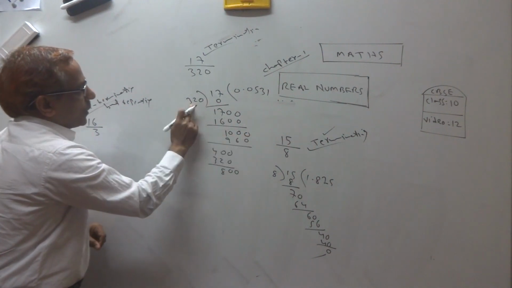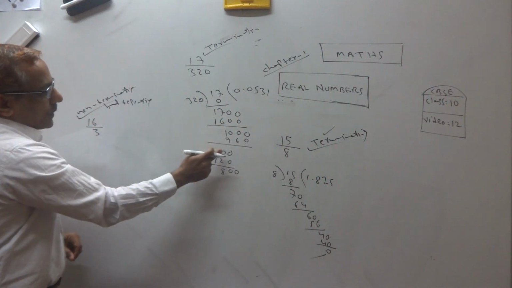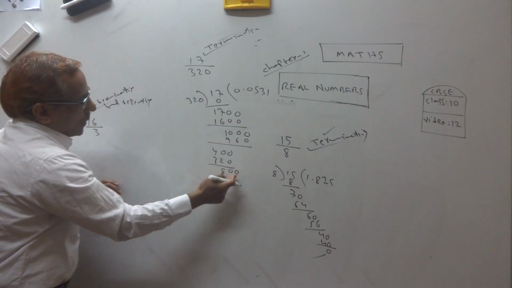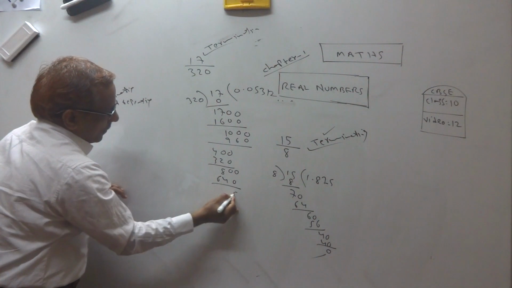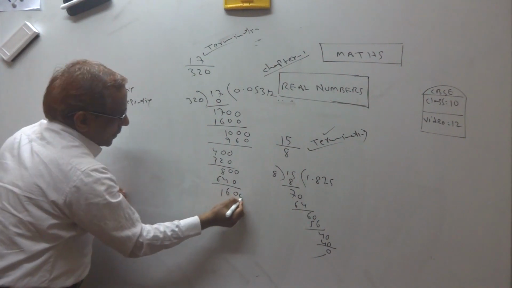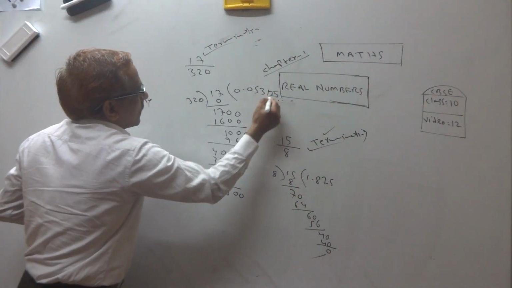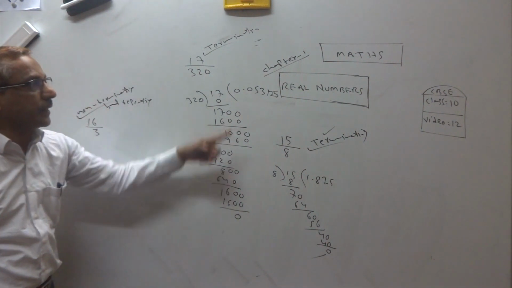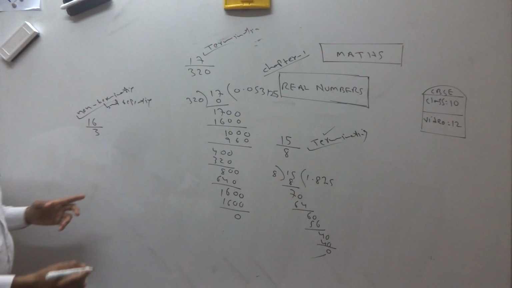I took again 0, 32 3s are 960. 32 1s are 320. Then 32 2s are 640. 32 5s are 1600, finished. See, it is terminating. I said before only. This is called terminating.